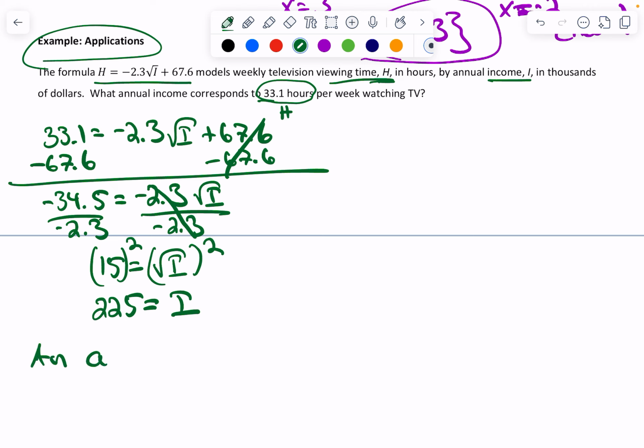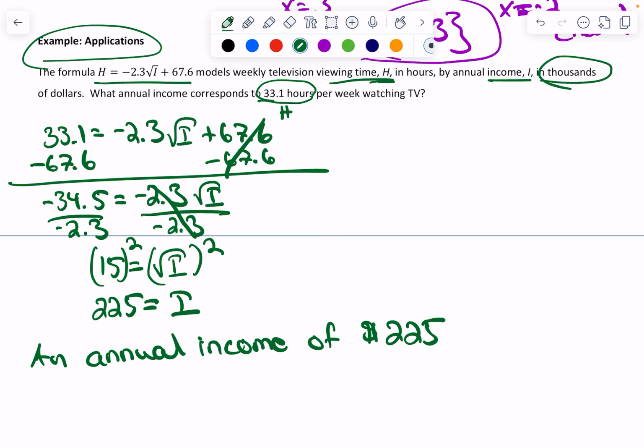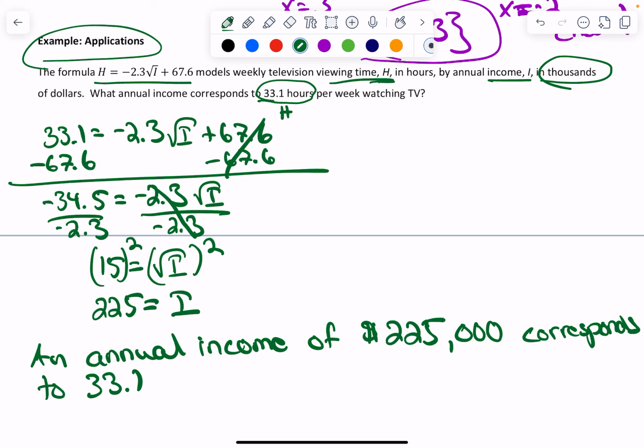An annual income of 225, and now notice it says in thousands of dollars, so we need to add 3 zeros, corresponds to 33.1 hours per week watching TV.